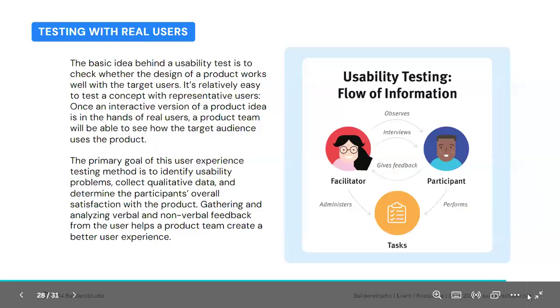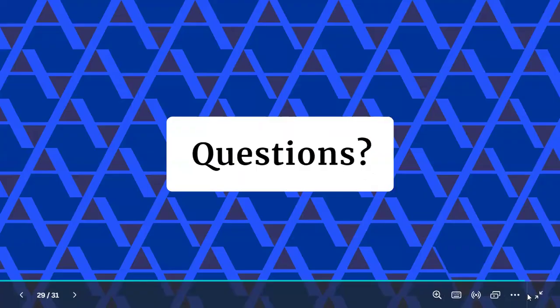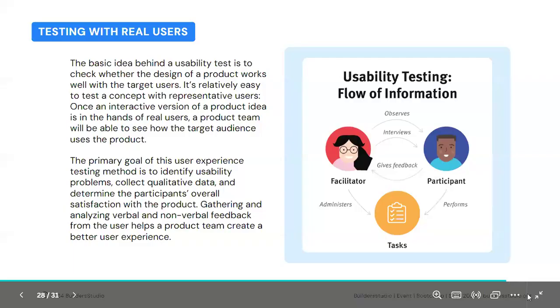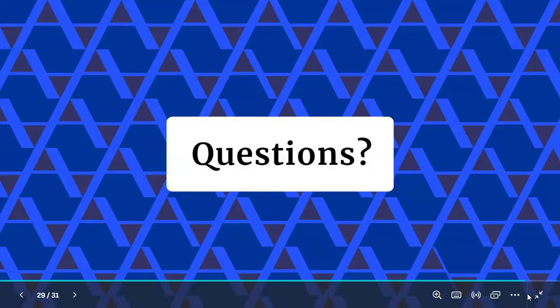You're testing with real users because we are the ones that use products. All these products that are out there now, we are the users, we are consumers of these products. So that would be that.